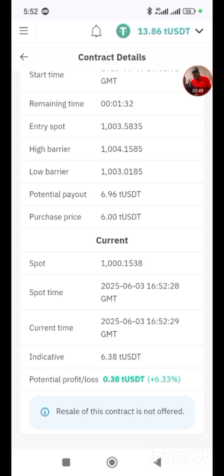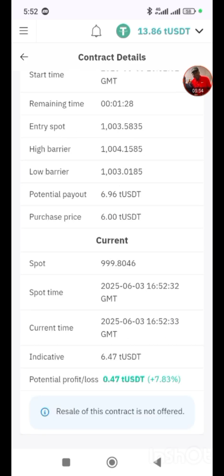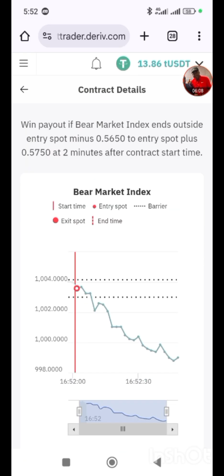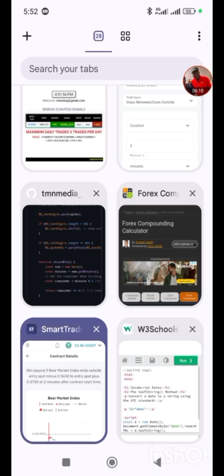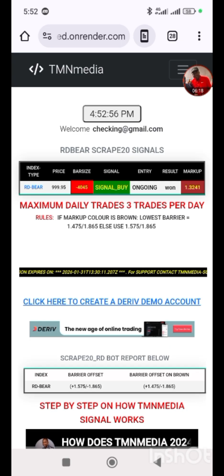It works for both, but one is more selective than the other. The reason why I like ends outside is because ends outside can give me more profits. If it was goes outside, let me show you goes outside. We would have seen the result. Are you seeing it?